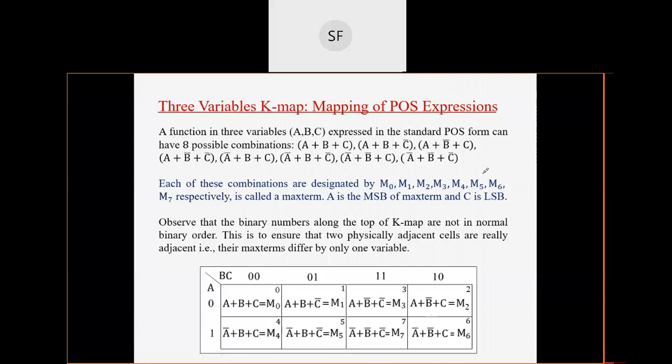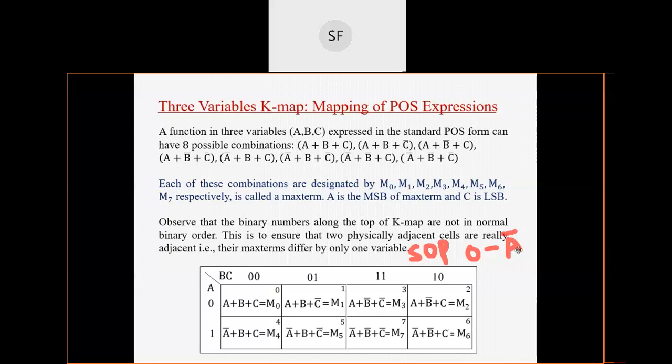What is the main difference between SOP and POS? Let me mention one more time that in SOP, whenever the value assigned to any variable is 0, then you have to take the complement of that variable, let's say the variable is A, and vice versa.